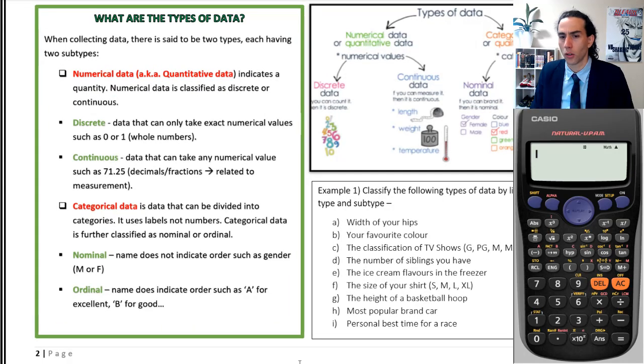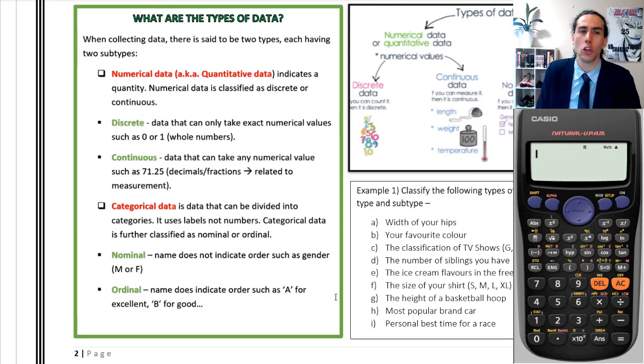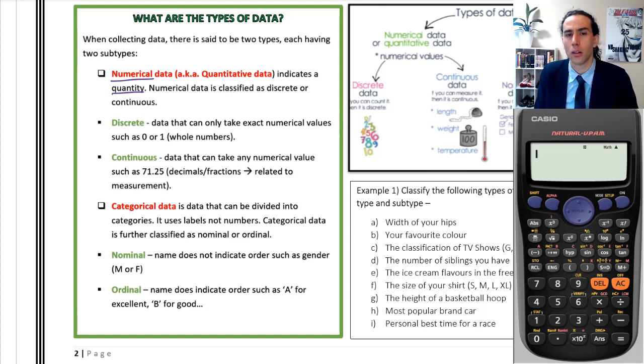So the left side of the page, let's look at types of data. Numerical data, underlining here. It's about quantities. So you got 10 or something, you got 20 something, you got 4.2, you've got 19.874. Now, discrete data, it's whole numbers. So I mean like number of people.